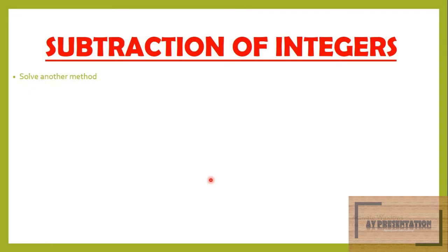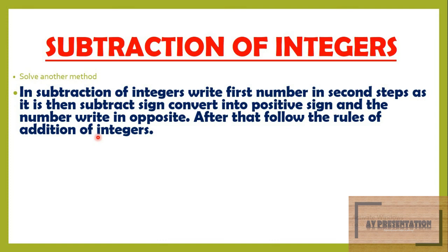Now let's learn how to subtract integers by another method. In subtraction of integers, in the second step write the first number as it is, then convert the subtract sign into a positive sign and write the number as its opposite. After that, follow the rules of addition of integers. For example, student, negative 85 minus, in brackets, positive 45.